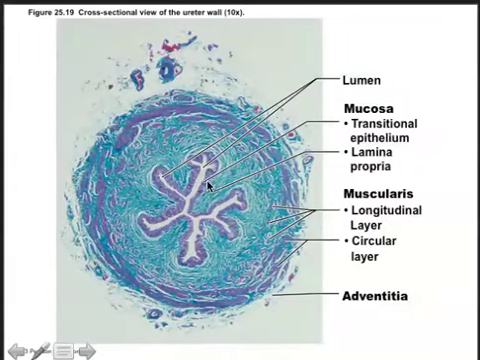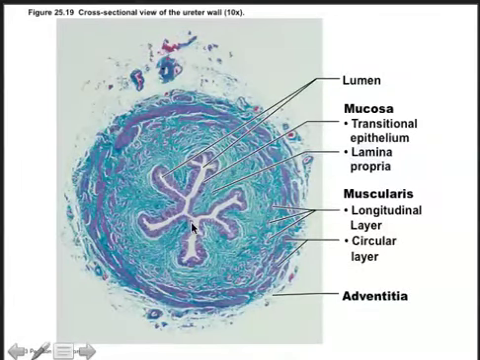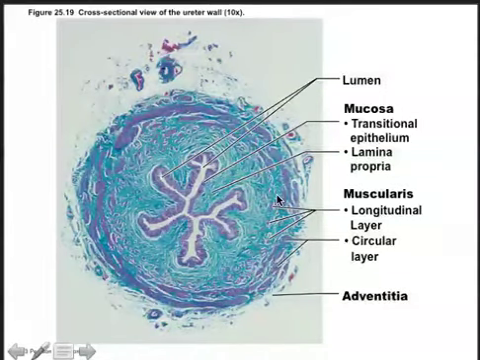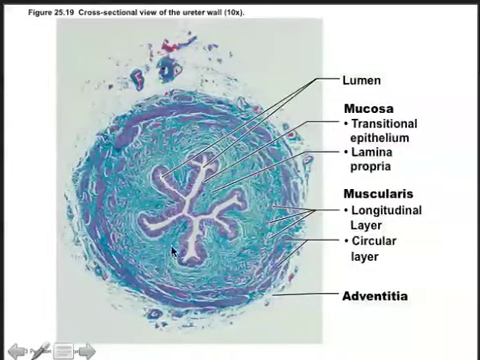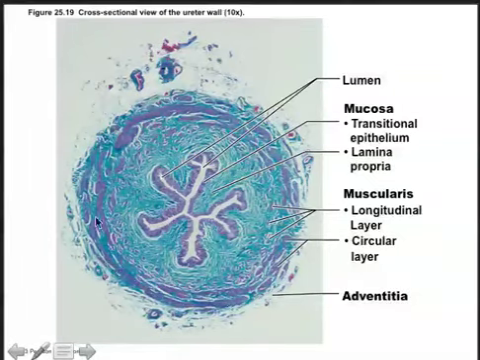The transitional epithelium is the actual tissue that has the ability to stretch because of the presence of elastic proteins in the extracellular matrix of this tissue. The muscularis has a longitudinal and a circular layer. This is a very similar arrangement to what you might find in the esophagus or in the small intestine. Okay, same basic layout. And then you've got an outer layer connective tissue adventitia out here.